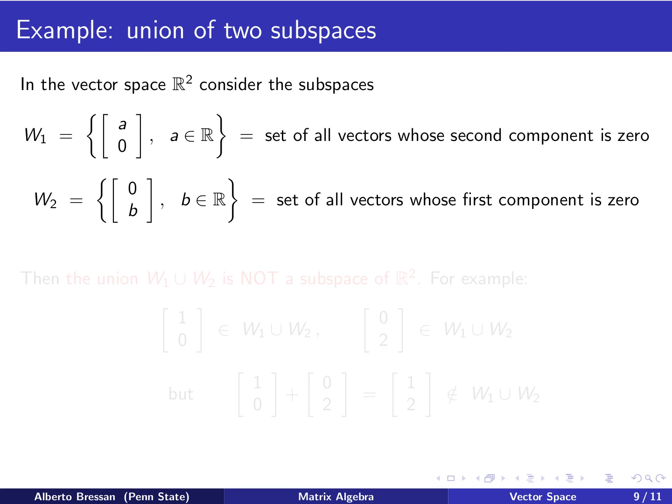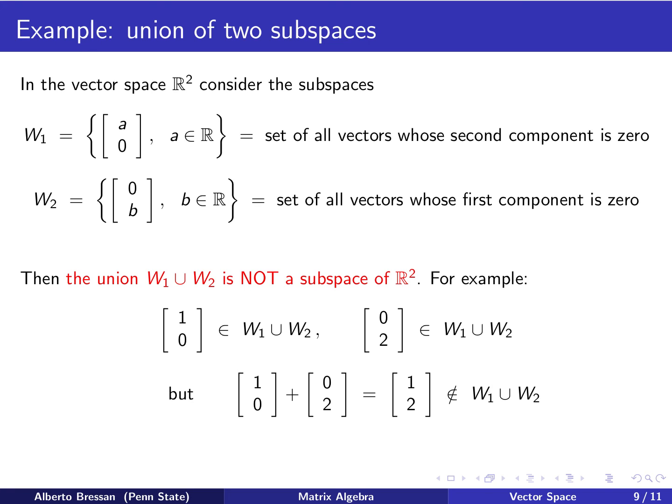And for W2, it will be the set of all vectors in R2 where the first element is 0, but the second element can be any real number. So this will be the set of all vectors whose first component is 0. All those words can be written in symbols just like that.